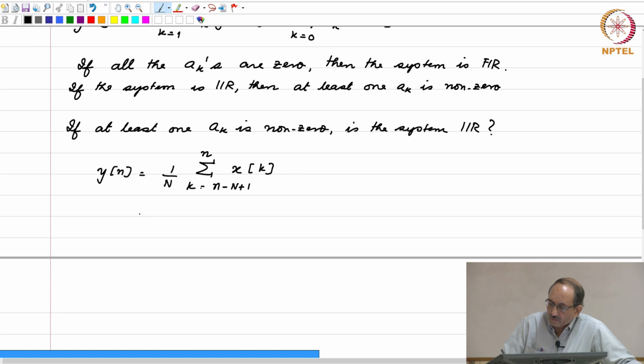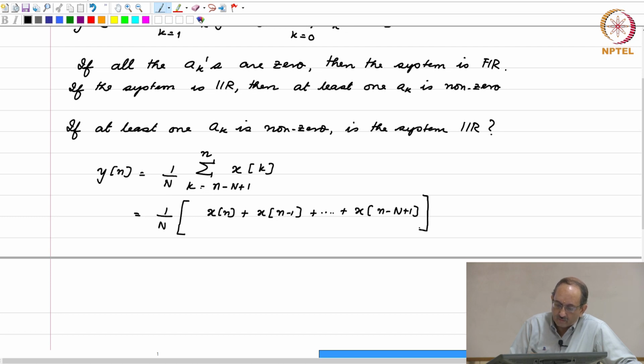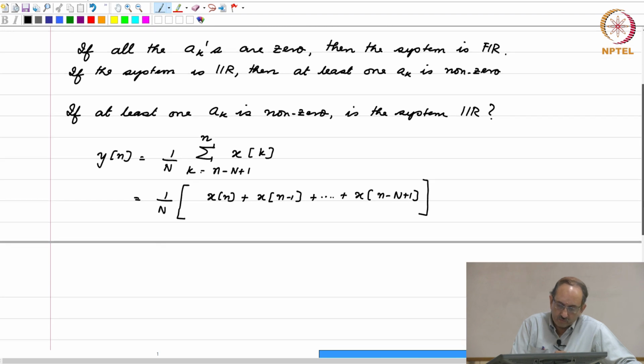You can see that this is nothing but 1 over N times x of n plus x of n minus 1 up to x of n minus capital N plus 1. All it does is take N contiguous samples, average them and put out one number.